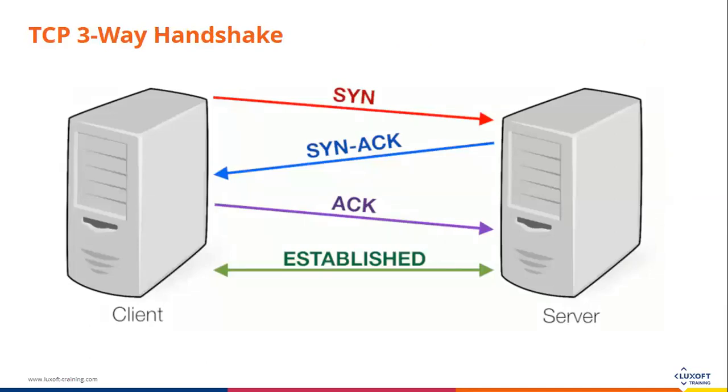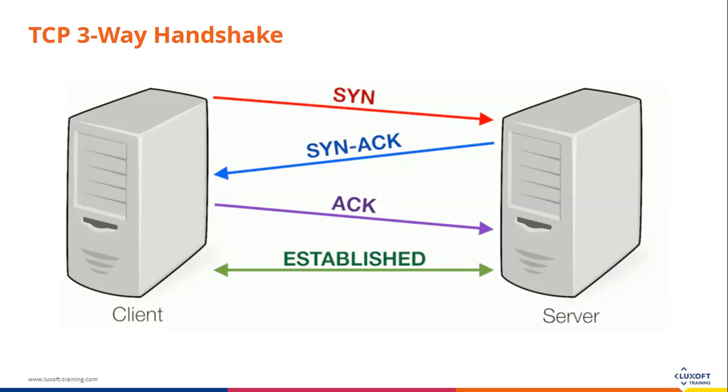And here, in order to start this conversation, we have to go through this three-way handshake. You see here sequences of signals that are exchanged, say from the client, meaning from our side, when we are trying to access a server.